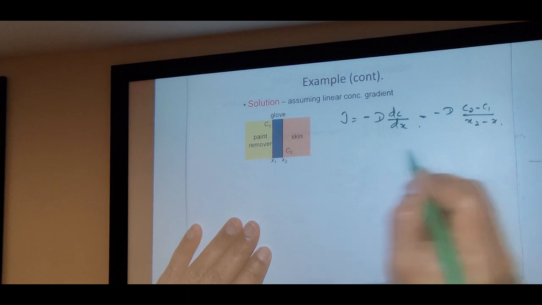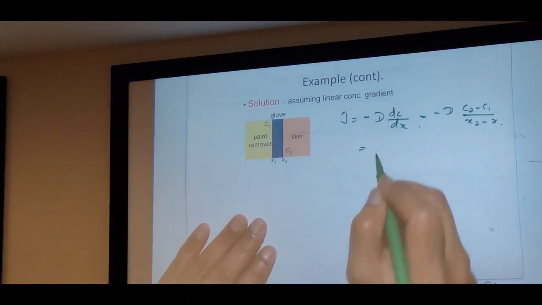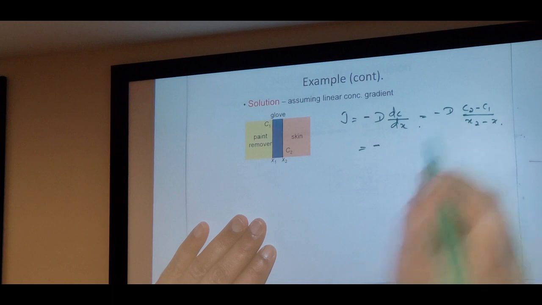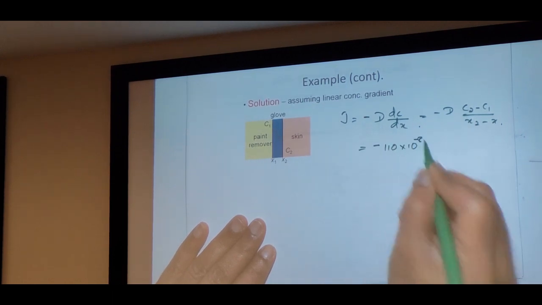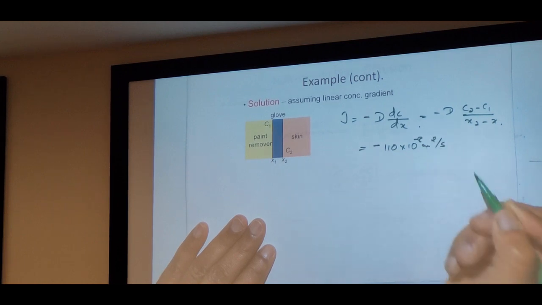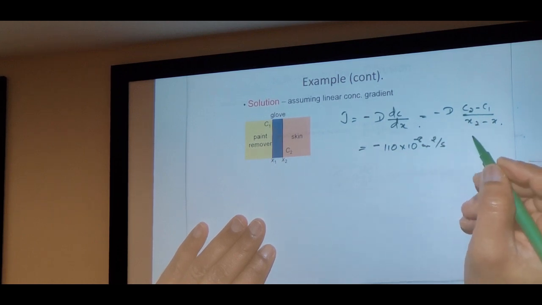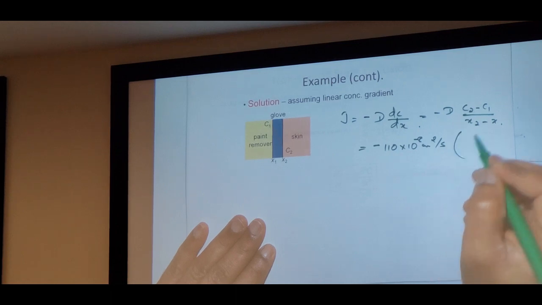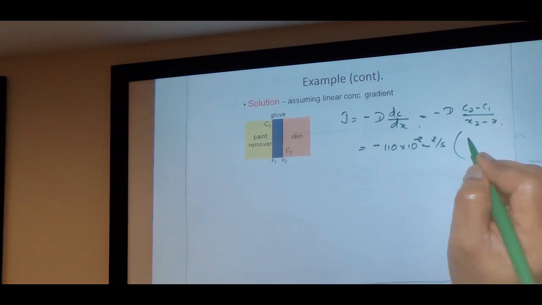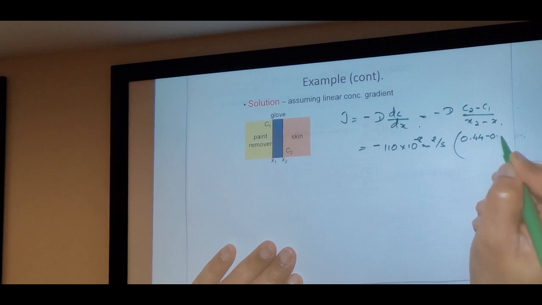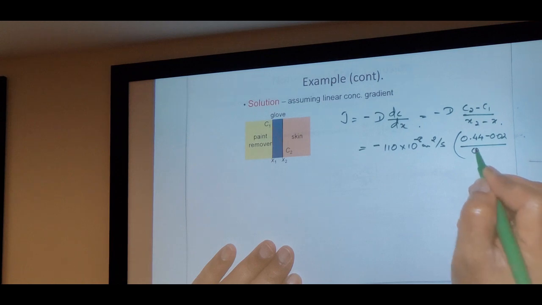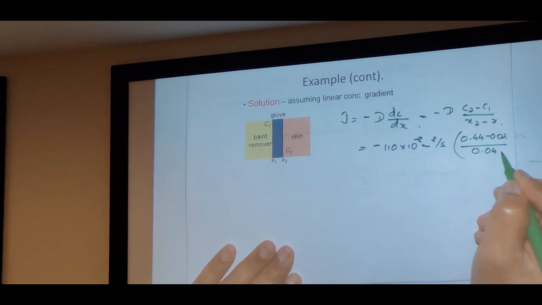D is given as 110 into 10 to the power minus 8 centimeters square per second, into C2 minus C1, which is 0.44 minus 0.02 over 0.04 centimeter.